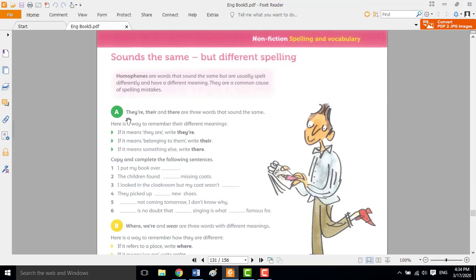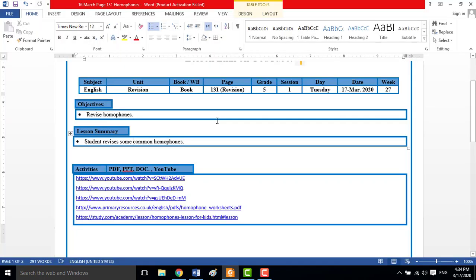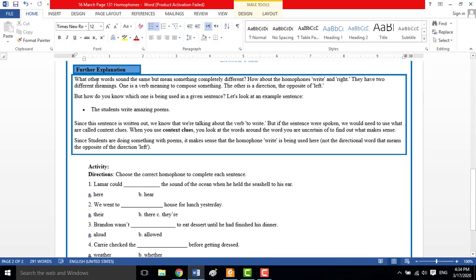So we have to understand, most importantly, the meaning of each sentence so that we can use the correct word, or what we can call context clues. What other words sound the same but mean something completely different? How about the homophones right and write?